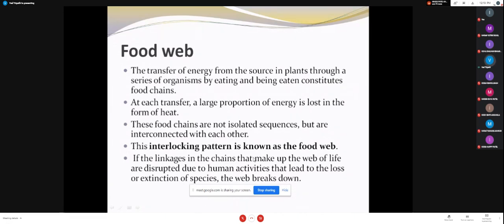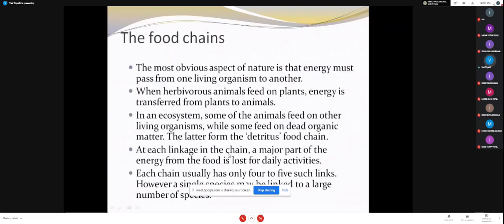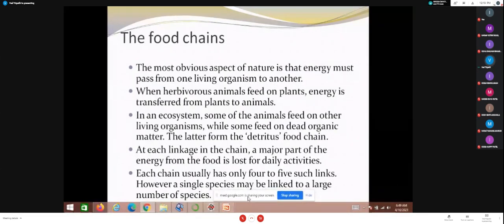So the other species which were dependent upon, let's say, a particular type of fish, do not have a sufficient amount of food for their growth.